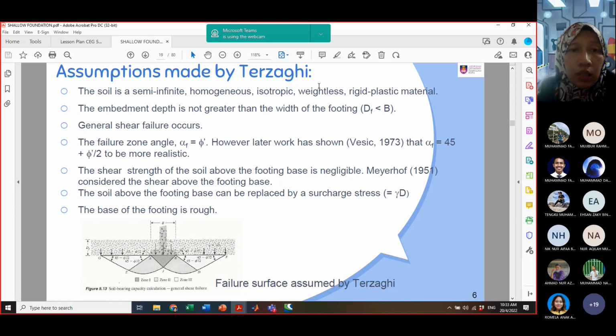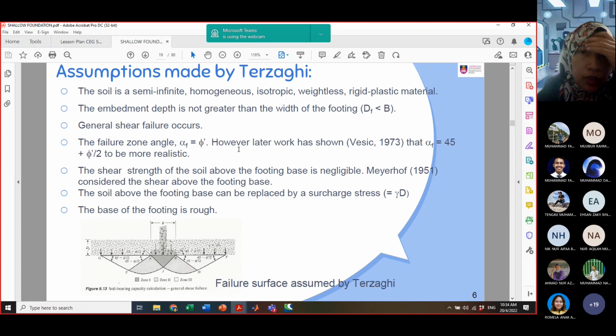And then the embedment depth DF is not greater than the width of the footing. So DF must be less than the width of the footing B. So it assumes that general shear failure occurs. So the failure zone angle, as I said just now, below the footing, can create a plastic zone or failure zone. The failure zone angle alpha F is equal to the effective internal friction angle.